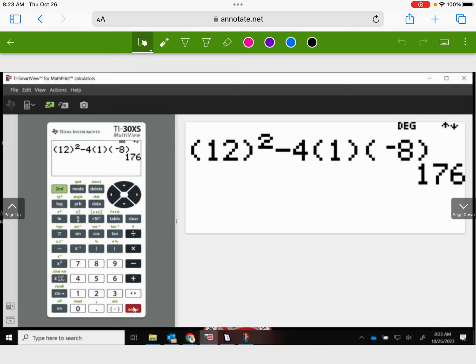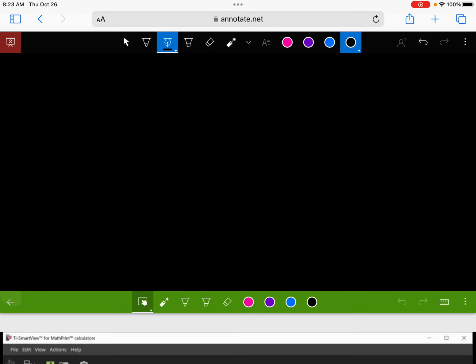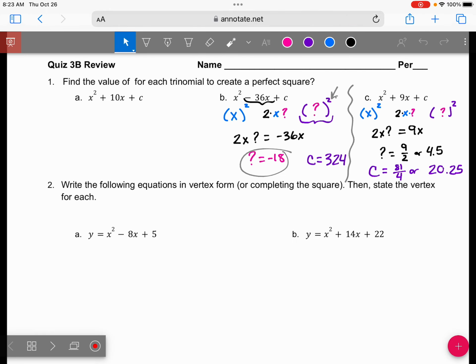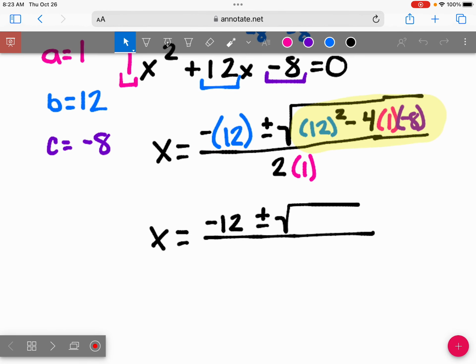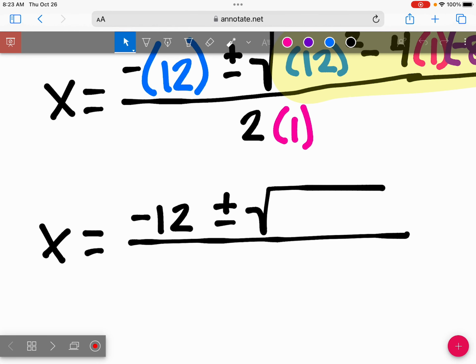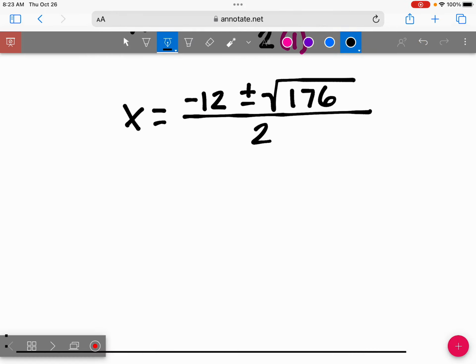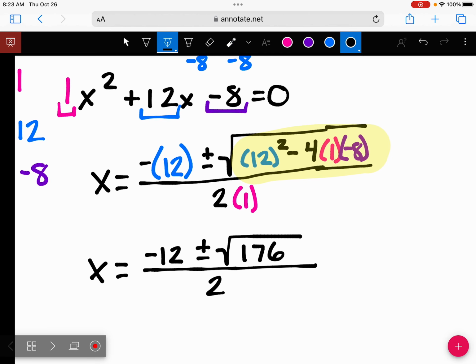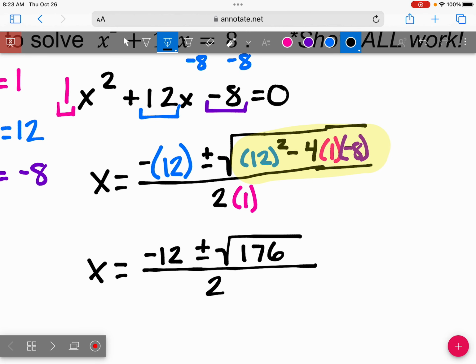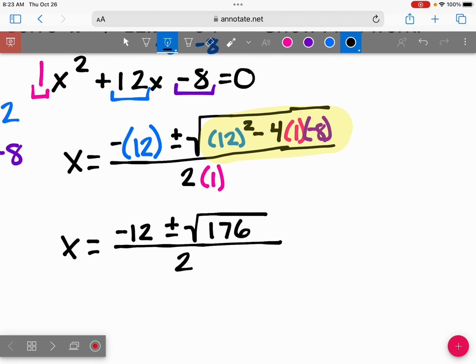And you're going to type it in the calculator and get 176. So we have the square root of 176. This is all over 2. We're not done yet, though, because we got to simplify this.